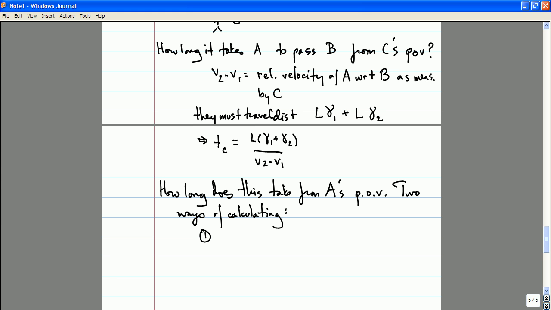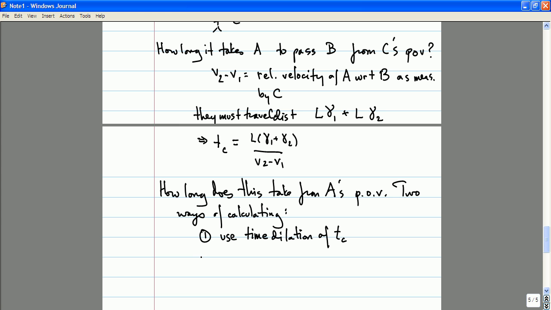So for example, you could take the answer for TC and then use time dilation to put it in A's frame, and that would give you the answer. Or I could do a different calculation.